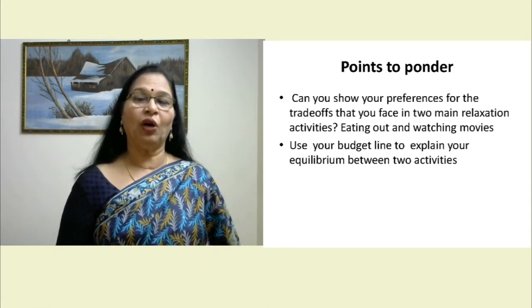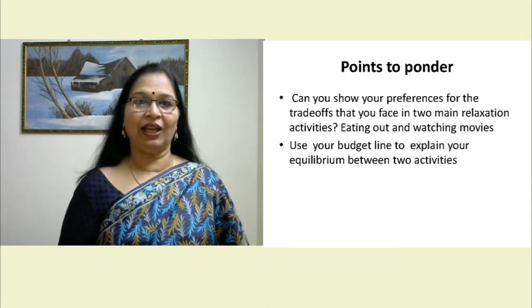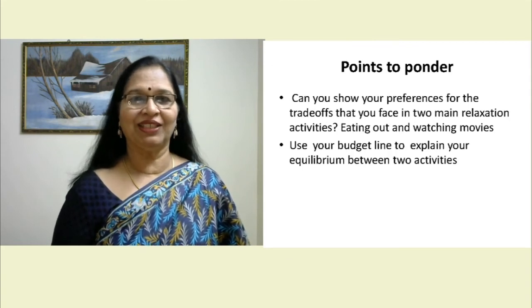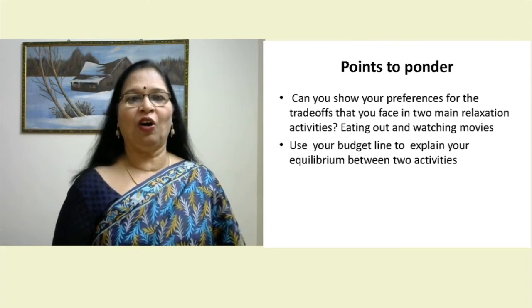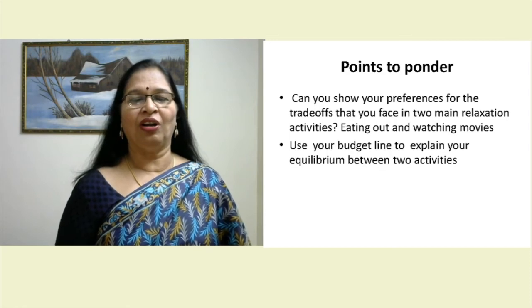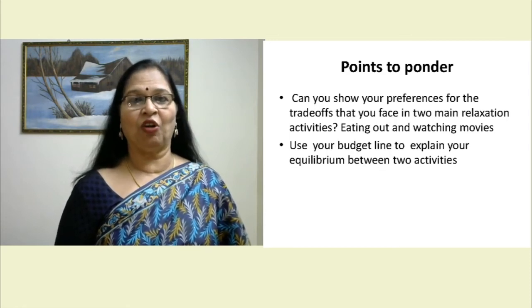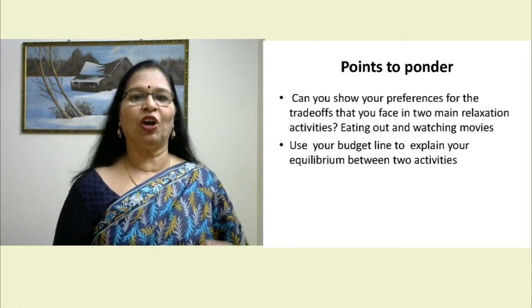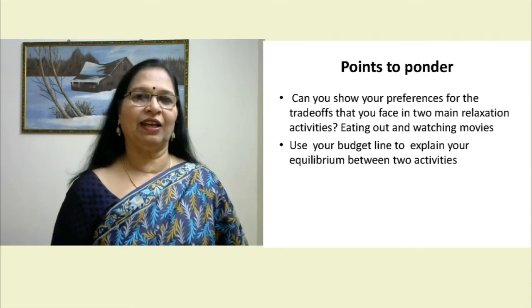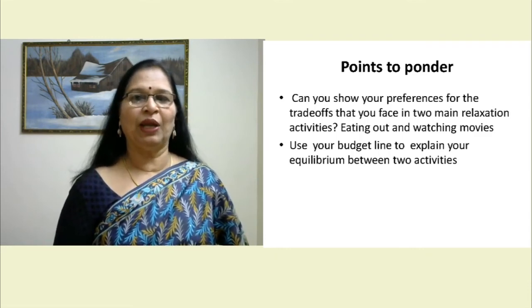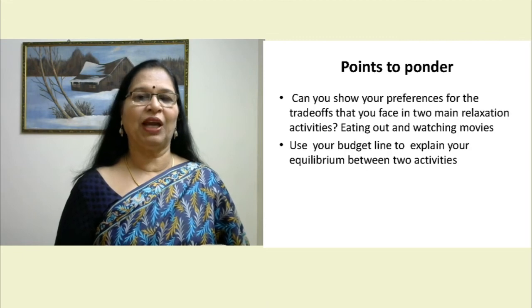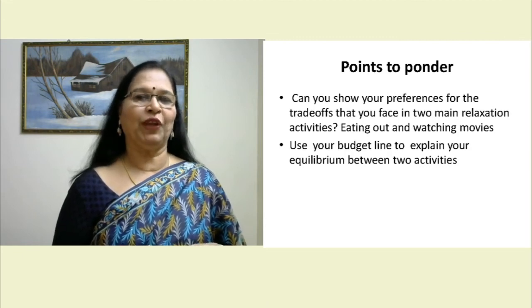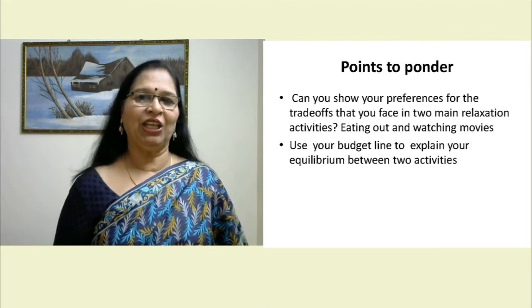So you can draw a budget line. You can also try and draw the combinations that you can think of spending on eating out and on watching movies. You can find out how you want to spend this income with the budget that you have, with the prices that you have, and see at what point you feel that you will be reaching an equilibrium.